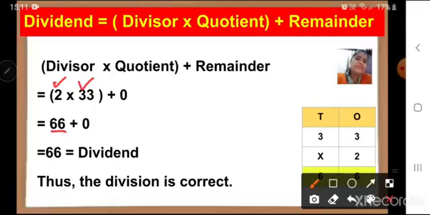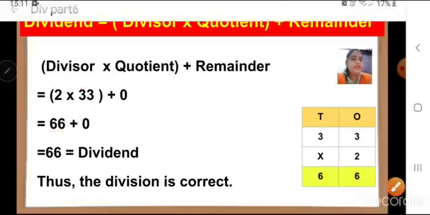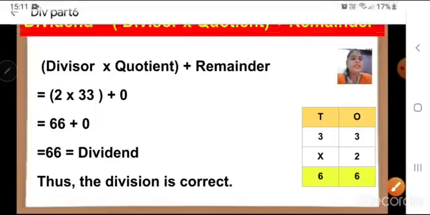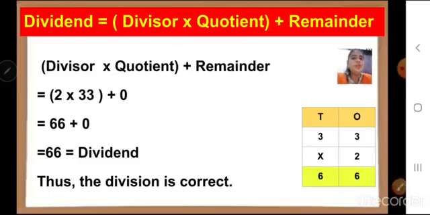And 66 is our dividend. Thus, the division is correct. See here children, I have done the multiplication. You are also going to do the multiplication. 2 3s are 6, 2 3s are 6, 66. Note down children in your notebook.